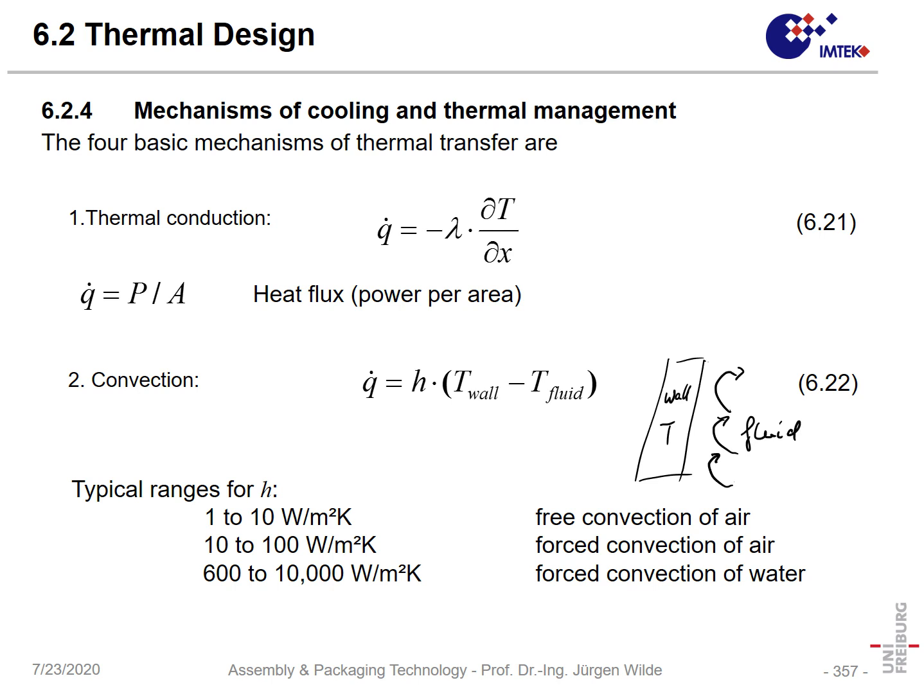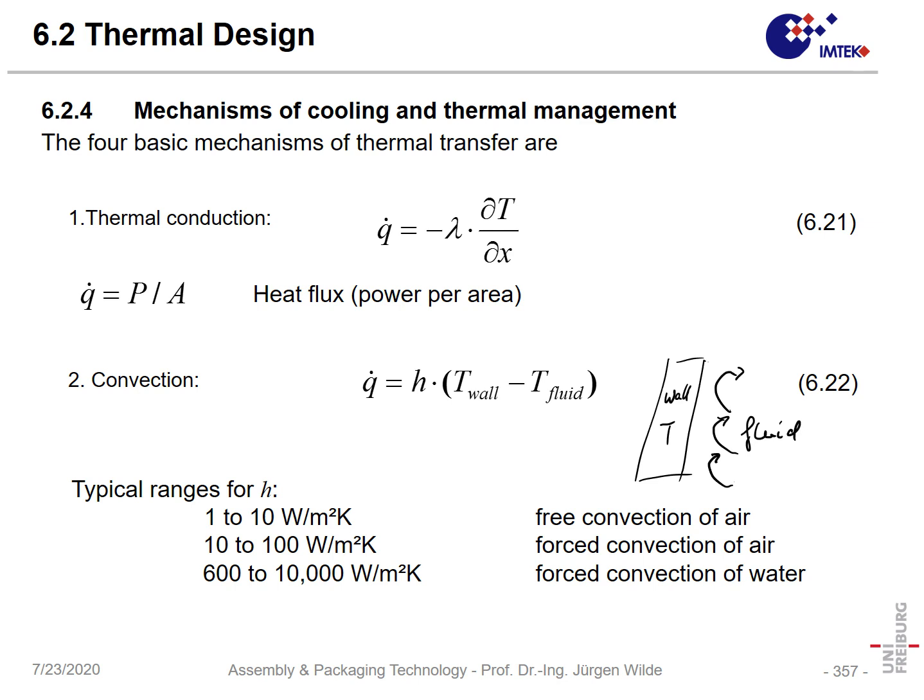Typically, when we have free convection of air, so we do not blow artificially or with a fan, the typical range is 1 to 10 watt per square meter and Kelvin. That depends on many parameters. When we have a fan, then we are in the range of 1 to 100 watt per square meter and Kelvin. So we have forced air.